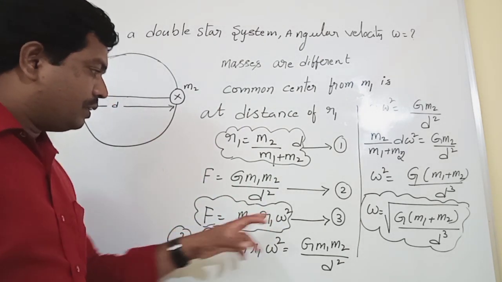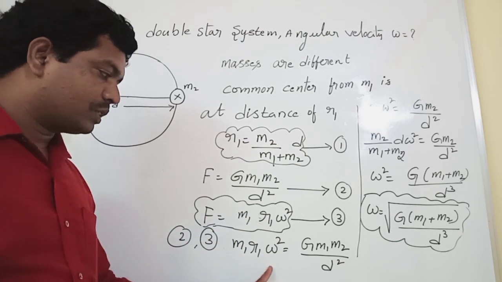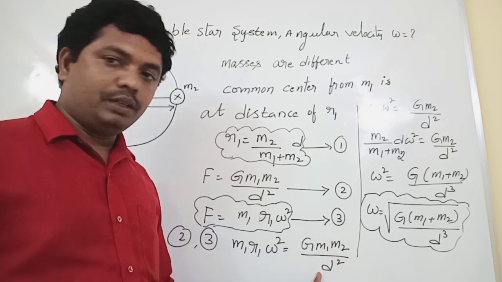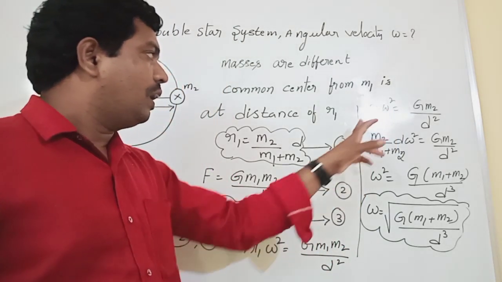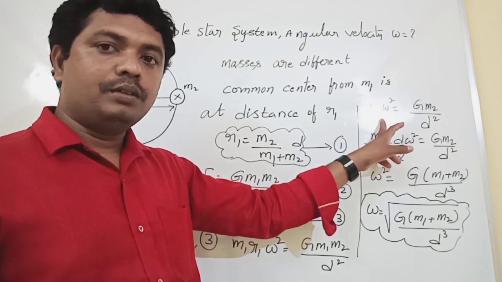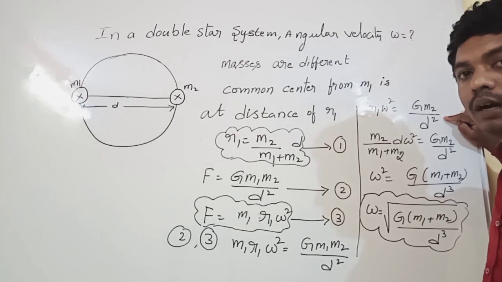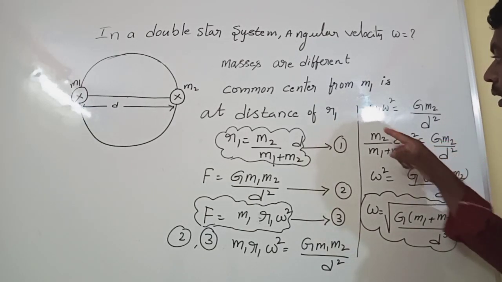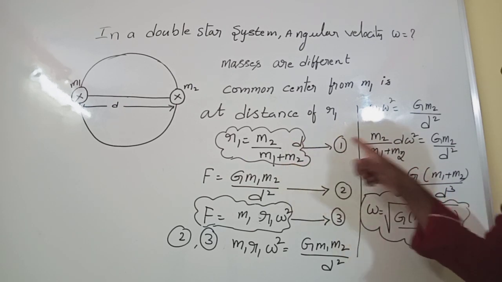Now I am equating the two equations. m1 r1 omega square is equal to G m1 m2 by d square. On both sides m1 is cancelled. r1 omega square is equal to G m2 by d square. Again I substitute the r1 value, where r1 is equal to m2 d divided by m1 plus m2.